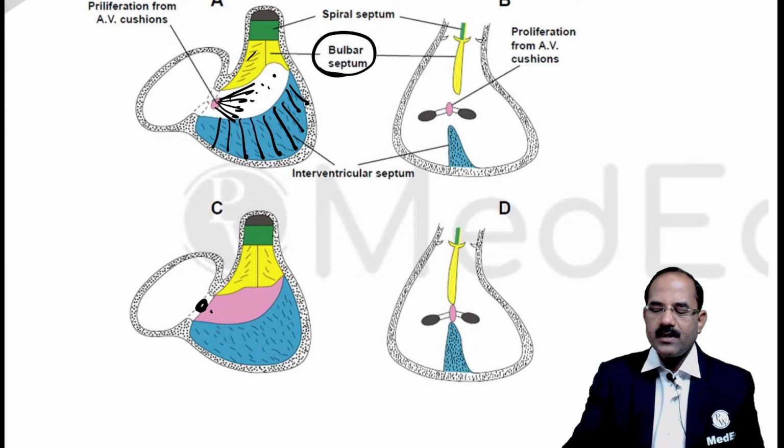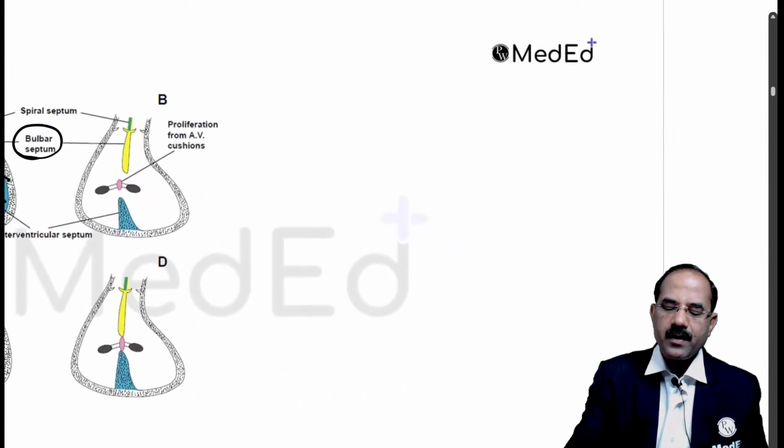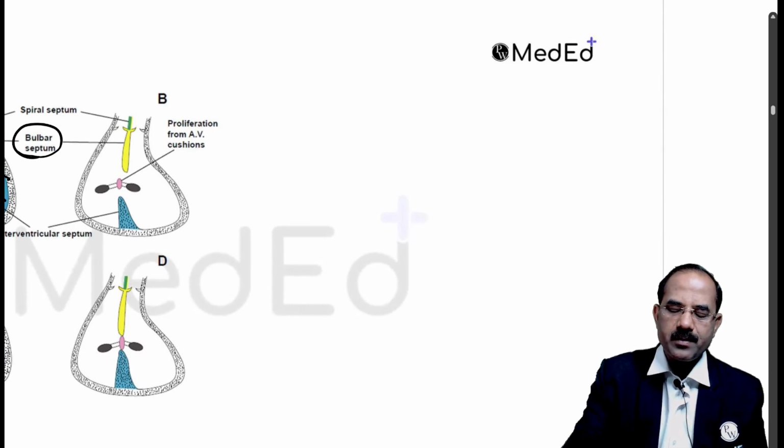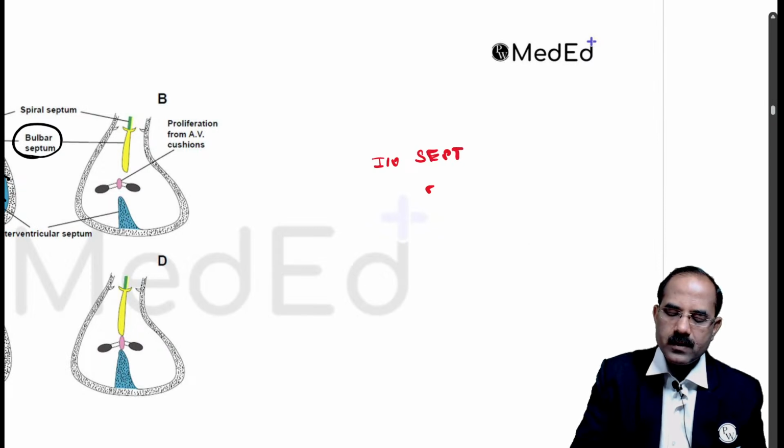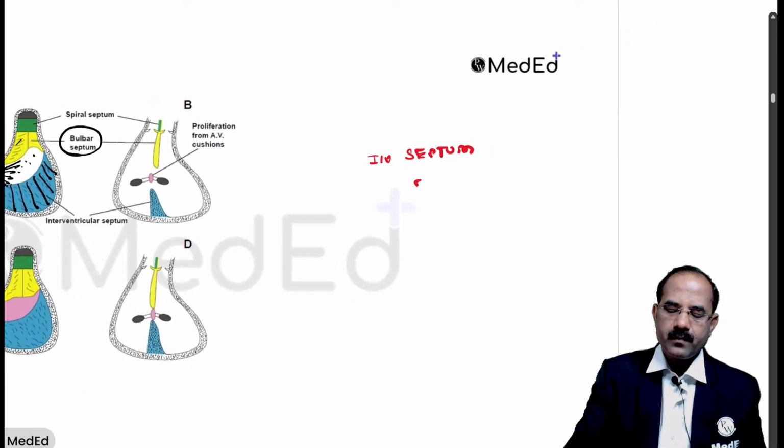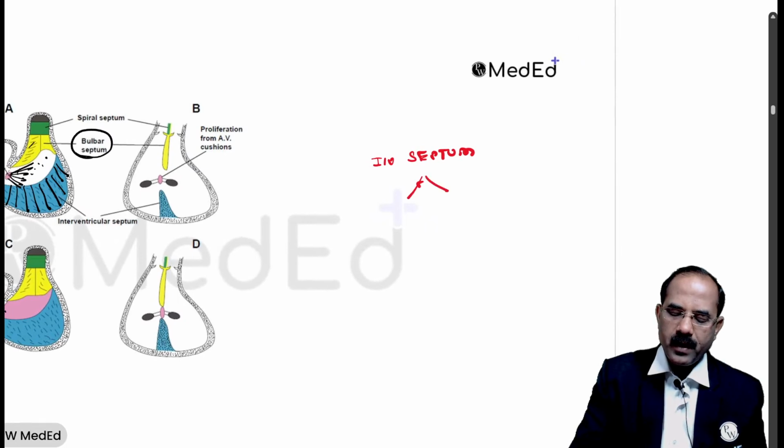Yes. I'll just write this for you. Membranous, I'll just write this, interventricular septum. But see, yaad rakhna, this is very important. Interventricular septum is made up of two parts.